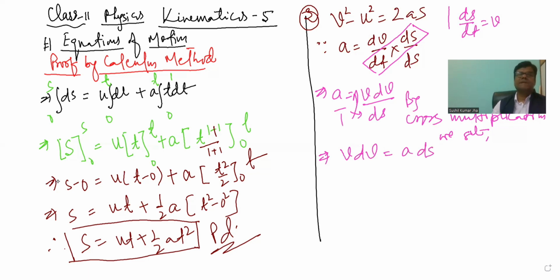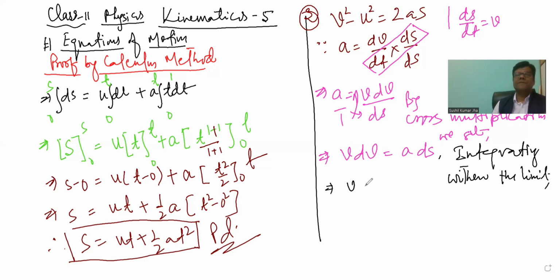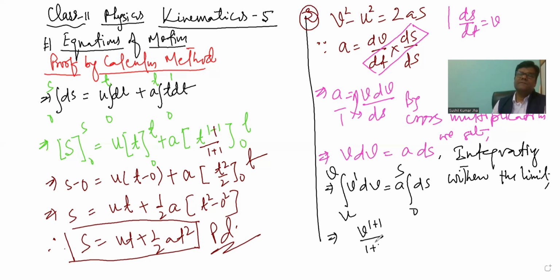And then let's integrate. Integrating within the limits. So it will be v dv, limit is, what we have to prove, v square minus u square. So u lower limit, v upper limit, a ds integration 0 and s. Thus it has power 1, so we add 1 in the power and then we divide.